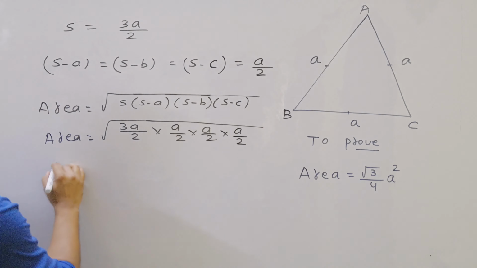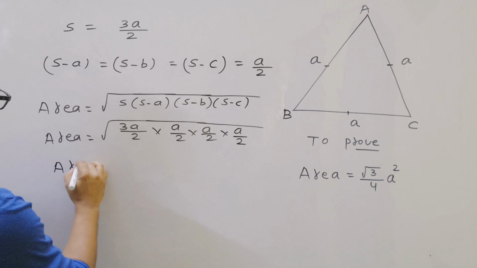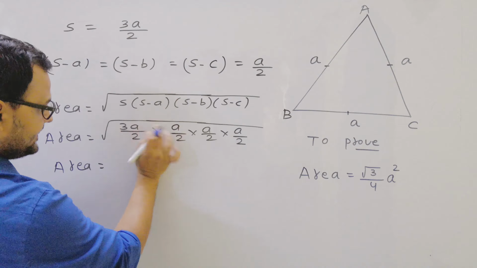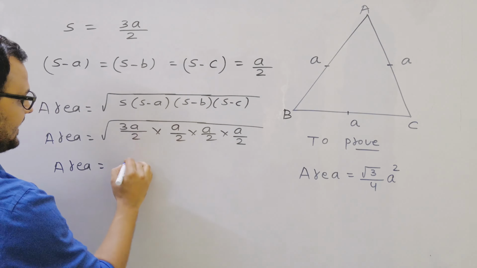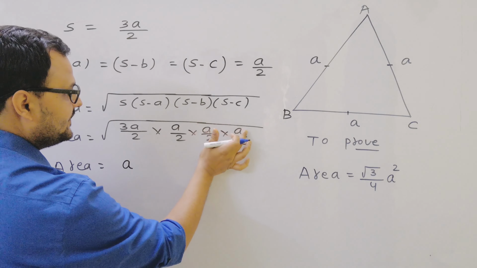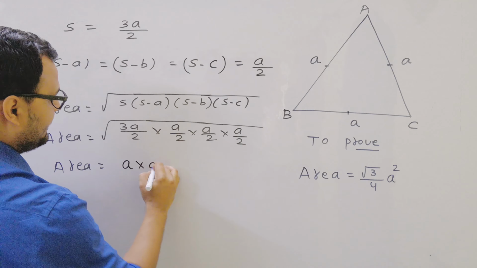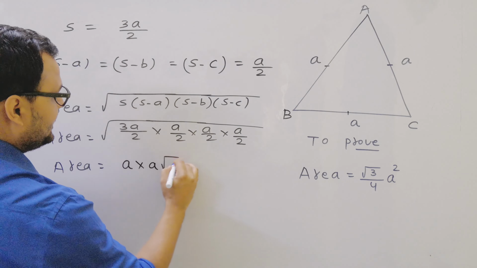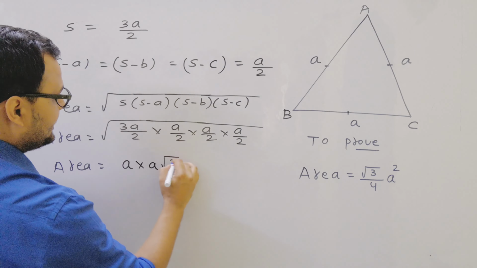So we know what we do to find the square root. We make pairs of the same number, and for one pair, one number comes out. Now we have a pair of a, one time, two times. So for this two times a, one a will come out. Again for this two times a, one a will come out, and root 3 will be inside.